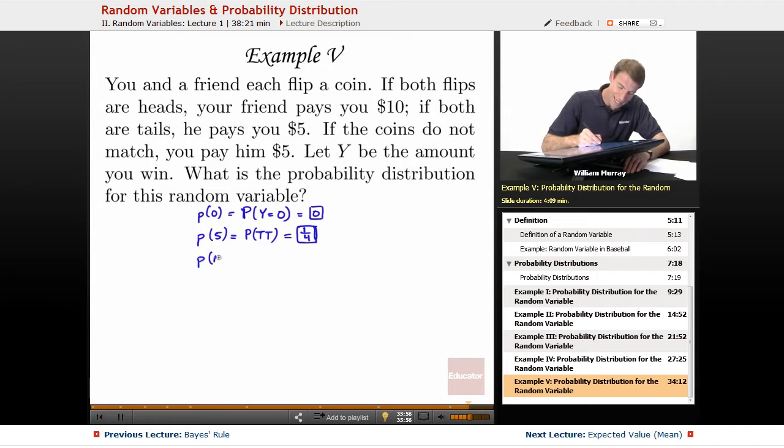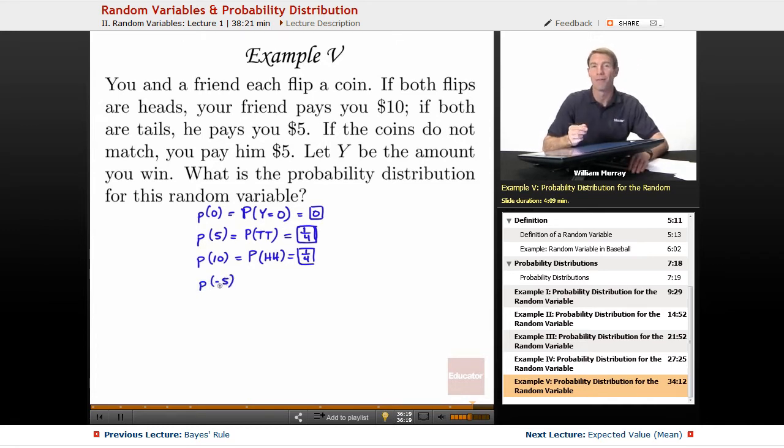Probability of you making $10 out of this experiment. For that to happen, both flips have to be heads. So you've got to see 2 heads there. And so again, the probability of 2 heads is 1/2 times 1/2, or 1/4. Now, if the coins do not match, then you have to pay your friend $5. From your perspective, that's a negative $5.